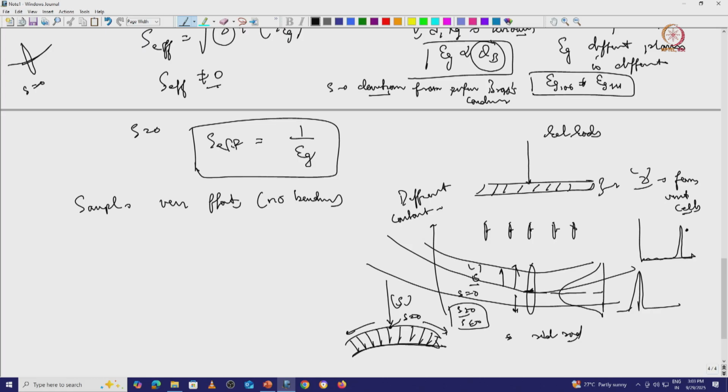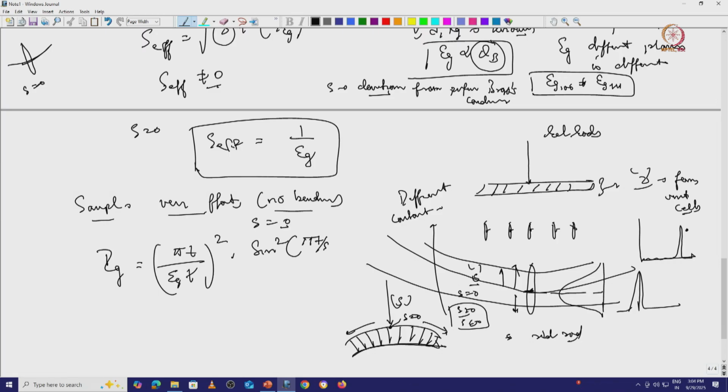Okay. So imagine that if your sample is very flat, there is no bending and S is equal to 0, then S effective is 1 by psi g, then your intensity Ig becomes pi t divided by psi g whole square dot sine square pi t divided by psi g divided by pi t divided by psi g.